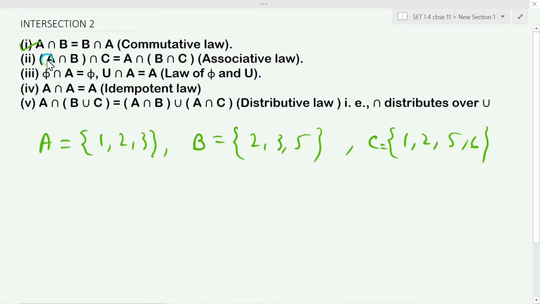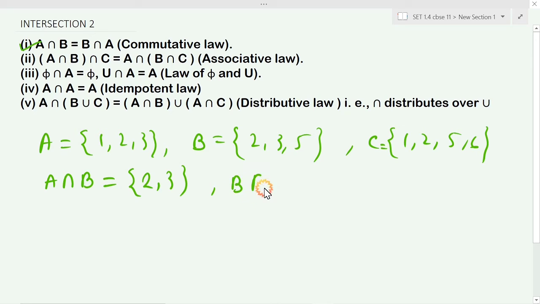Now for the first property we have to calculate A intersection B. The common elements of A and B are 2 and 3. So A intersection B equals 2 and 3.